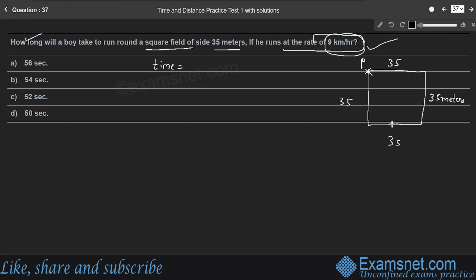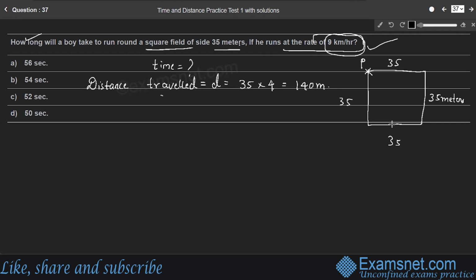Time taken by him. Here the distance traveled D will be 35 into 4. There are 4 equal sides. 35 into 4 gives 140 meters, the total distance to be traveled by that boy.